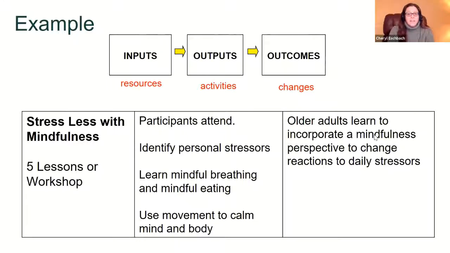And at the very end, when we evaluate, we're actually looking if older adults are able to learn these techniques and whether or not they intend to use them and incorporate a mindfulness perspective to change their own daily reactions to stress. That's 2 examples of older adult programs, and you can find more about those programs on our North Central Region Aging Network site under Programs and Resources.